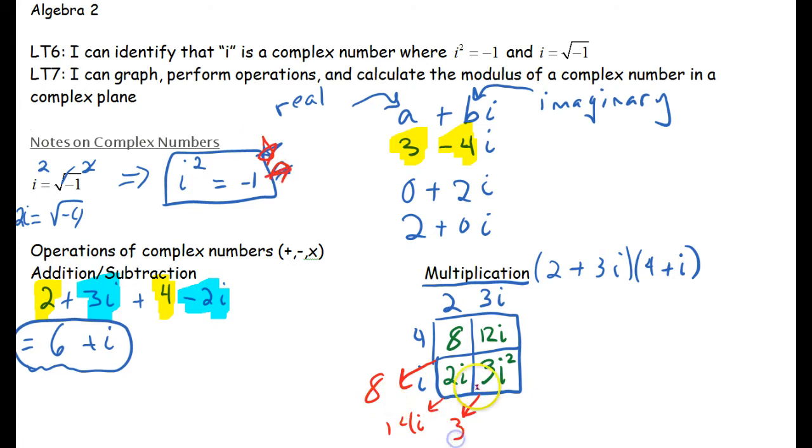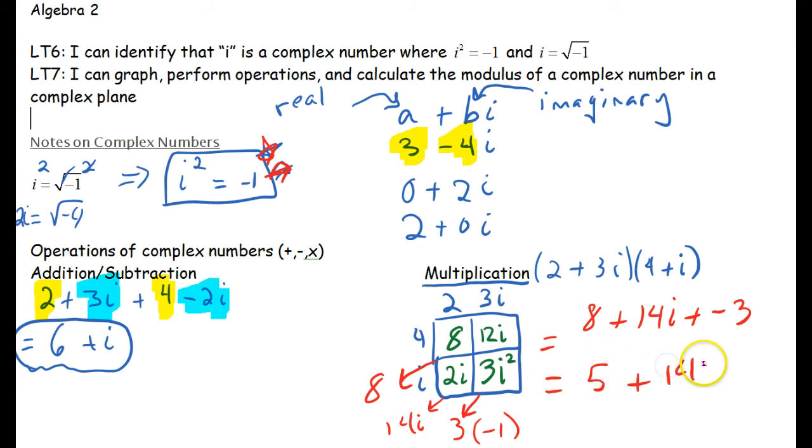So we have 3 times i squared, which is really 3 times a negative 1. So what we really got here is 8 plus 14i plus a negative 3, because 3 times negative 1 is negative 3. So we're going to combine like terms here, just like we did with the addition and subtraction on the left. So 8 take away 3, I would get 5 plus 14i.